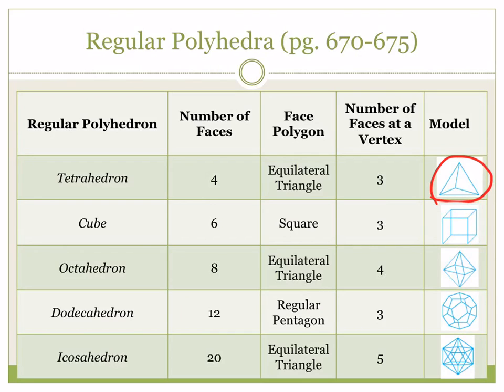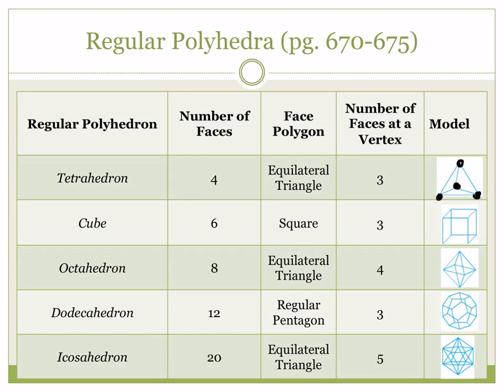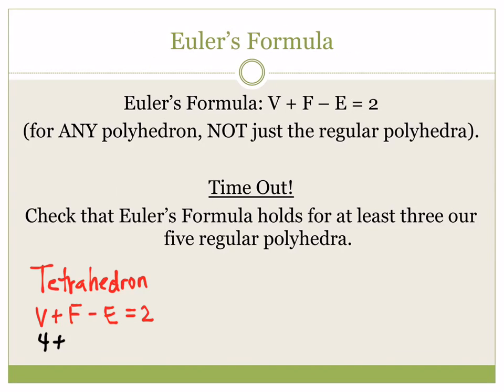I think there's 4. We have one here, one here, one here, and one here. Are there 4? Okay. So we've got the number 4 down here. How many faces are there? Yeah, there are 4. In fact, this chart right here has the faces on it. So there are 4 on that one.